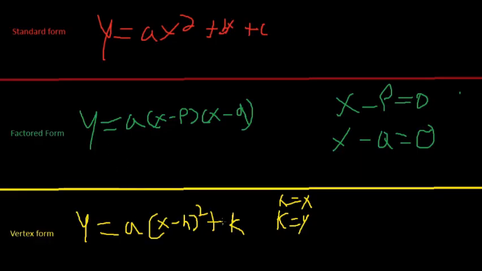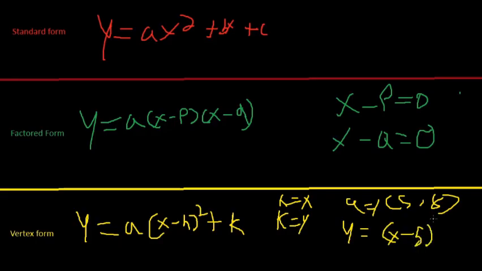So h, the reason why it's minus is because of how far it is from 0. So if the vertex, let's say it was 5, 8, and a equaled 1, then y would equal parentheses x minus 5 squared plus 8. So 8 goes by plus or minus if it's negative.